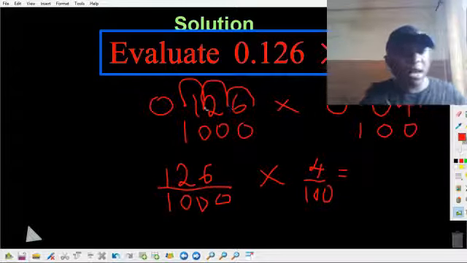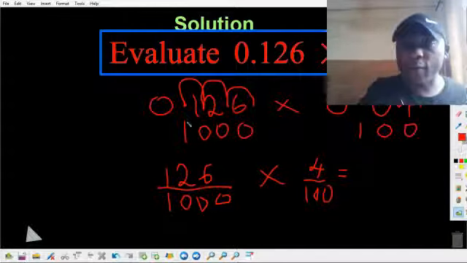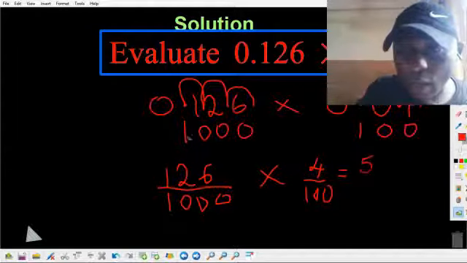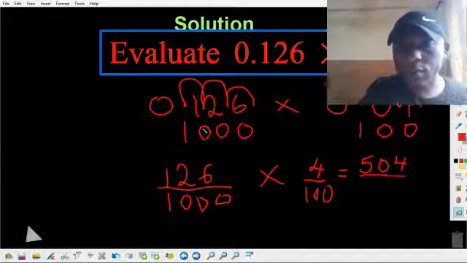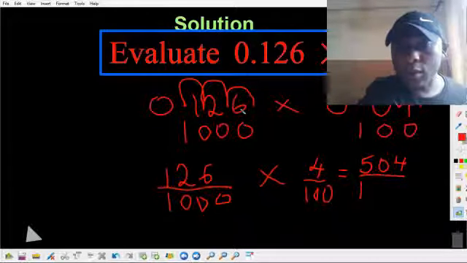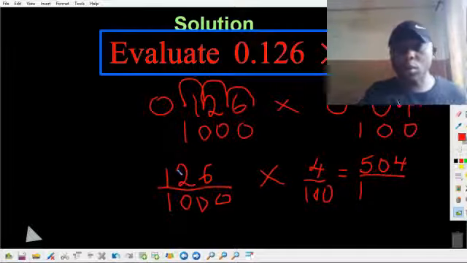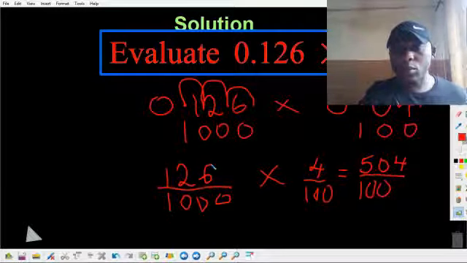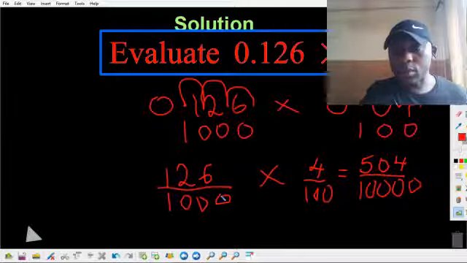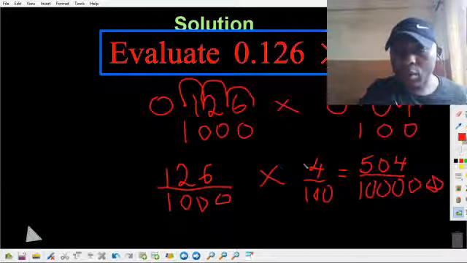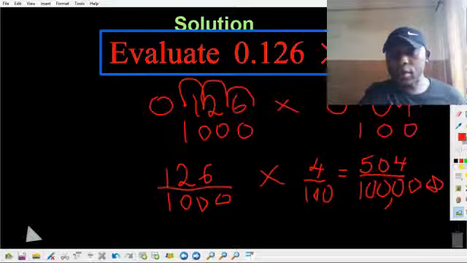Now multiply these 2 numbers, we're going to have 504 over 100,000. 1 0 0 0 0 0. So we're going to have 100,000 now.